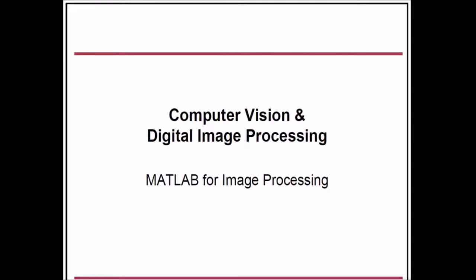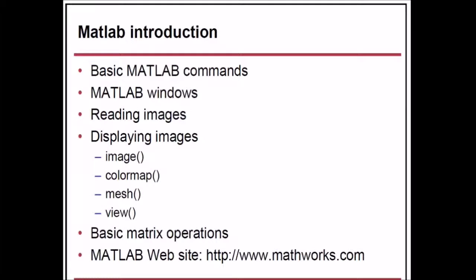So let us talk about Matlab for image processing, and we are talking about computer vision and digital image processing. Why is Matlab important? Matlab is from mathworks.com, and the name itself means Matrix Laboratory.